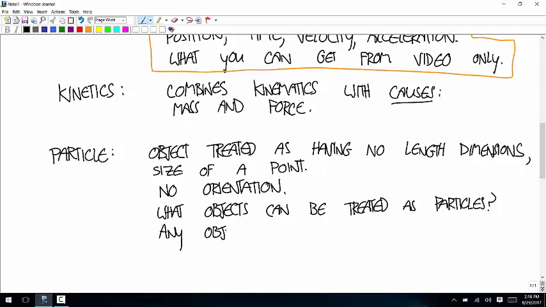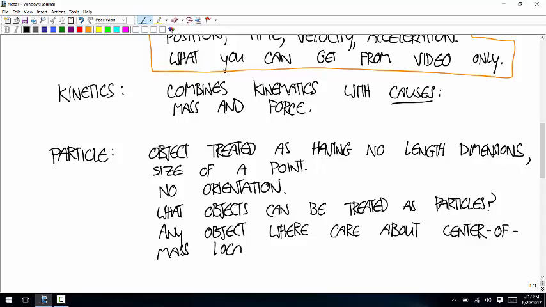So any object where you care about the center of mass location but not its orientation.